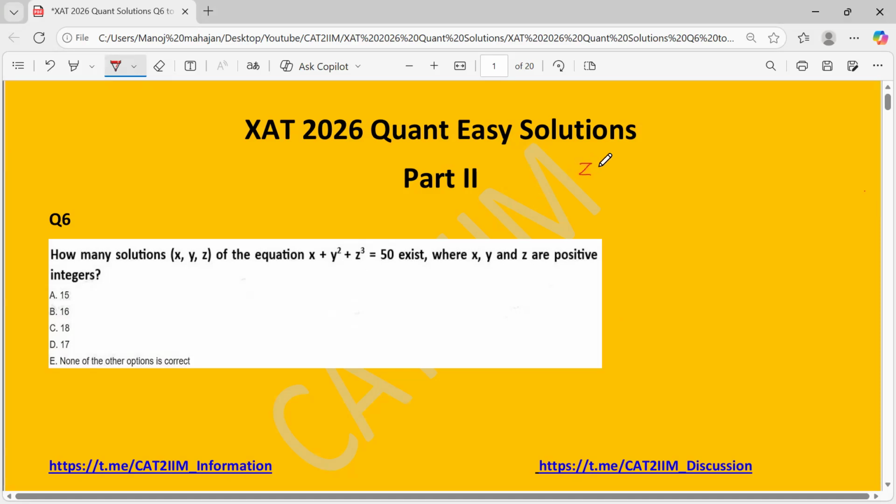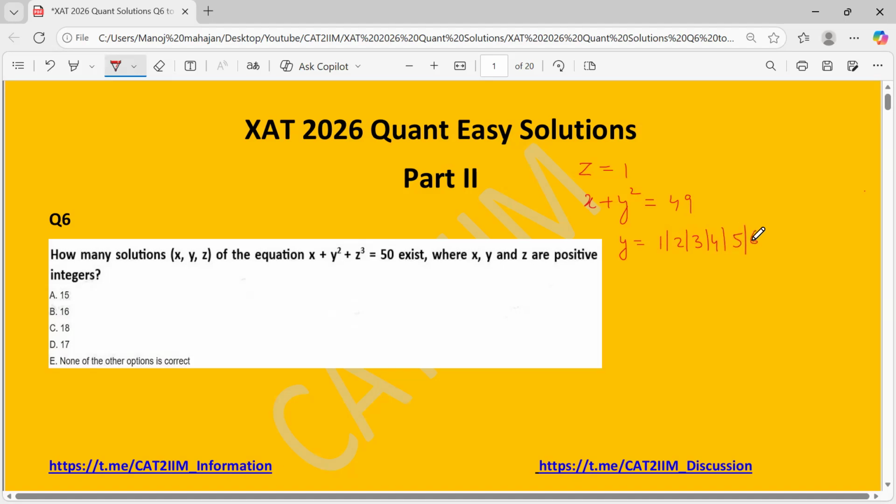So if I start with z as 1, in that case x plus y square is equal to what? 50 minus 1, that would be 49. Now I should have focused on y over here. My y is a positive integer. It will start from 1, 2, 3, I can have 4, 5, max 6.